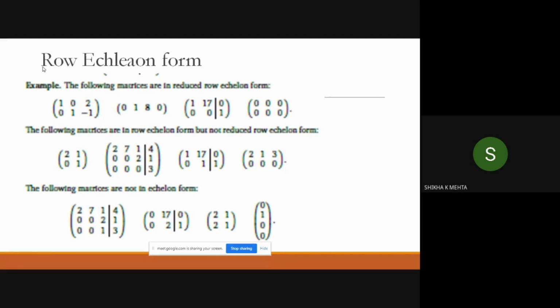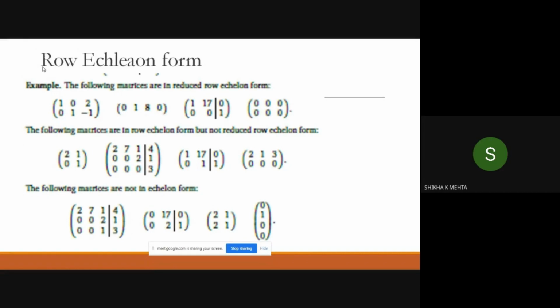Now, if we see the next few examples, they are in the row Echelon form, but they are not in the reduced row Echelon form, because first, they do not have a pivot of 1. Or if they have a pivot of 1, then they also have other non-zero entries.